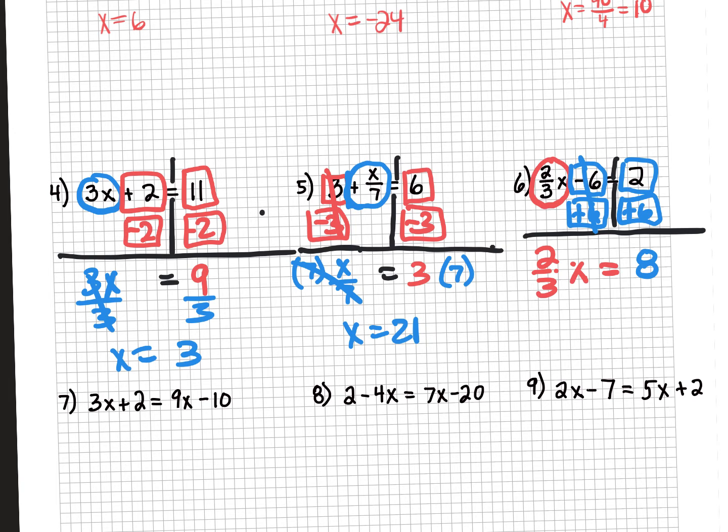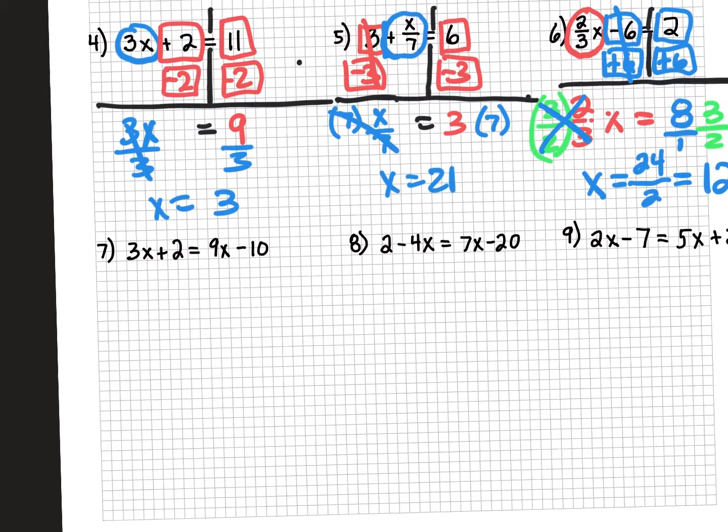I need 3/2 to get rid of 2/3, so I need to multiply 8 by 3/2 as well, remembering that there's a 1 on the bottom of the 8. That cancels out there, and x equals 8 times 3 is 24, 2 times 1 is 2, 24 divided by 2 is 12.